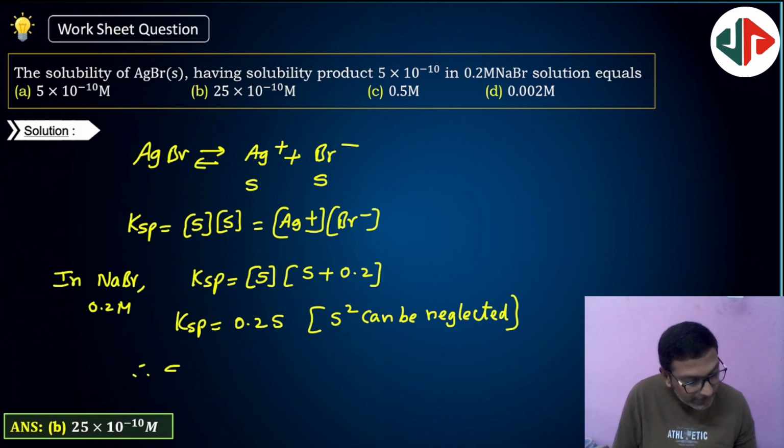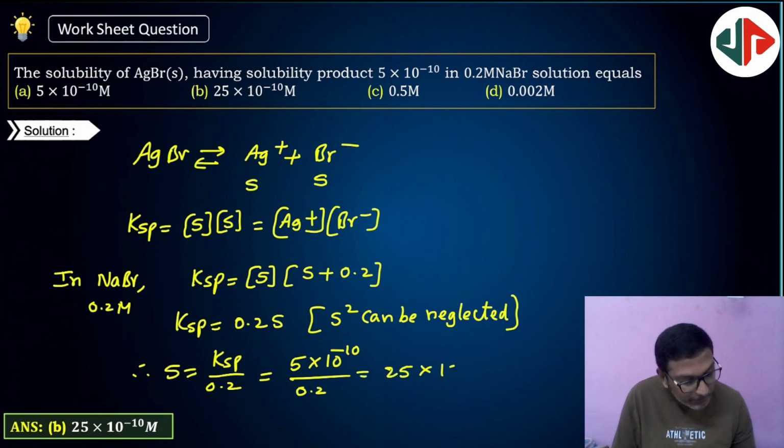So S equals Ksp by 0.2. Ksp is given as 5 into 10 power minus 10, divided by 0.2. So simply 25 into 10 power minus 10 molar, which is option B.